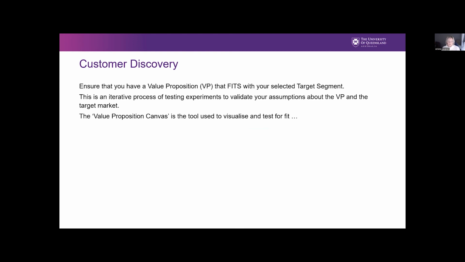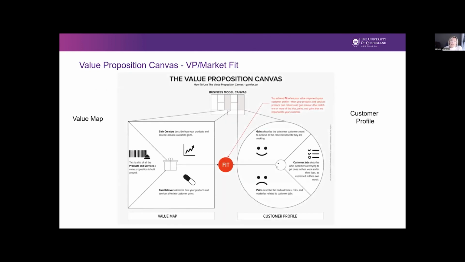So here is the value proposition canvas, and you will see that it's depicted here with the square to highlight the value map, which generally aligns to the key value proposition on your canvas. And then you've got the customer profile.